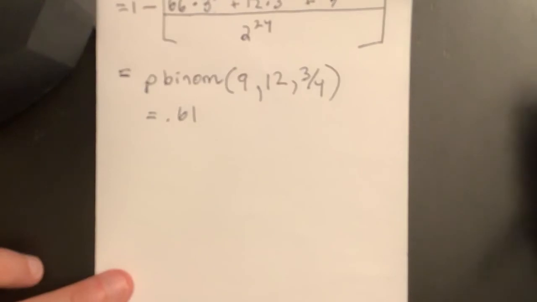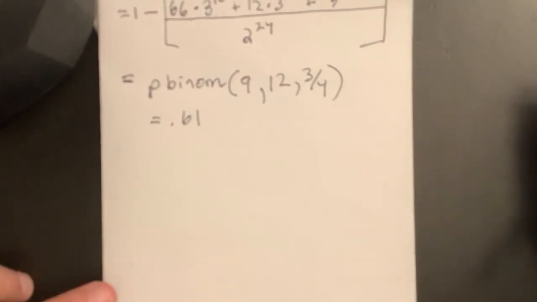Well, this is probably too high for us to like very much, right? Even when p is up to 3/4, there's a 61% chance that y star is 9 or fewer, which would make me pick the null hypothesis.